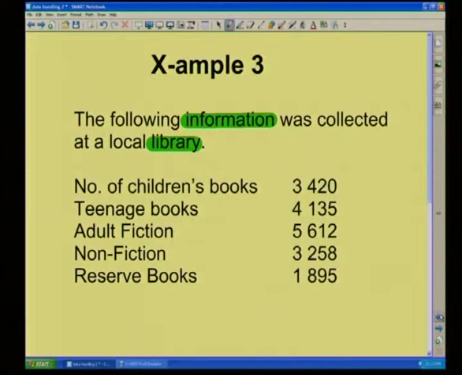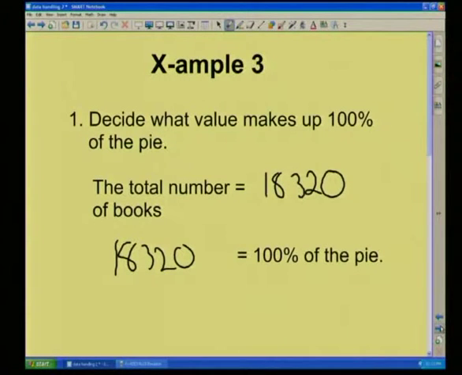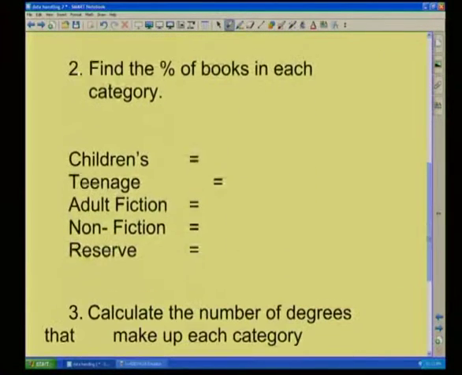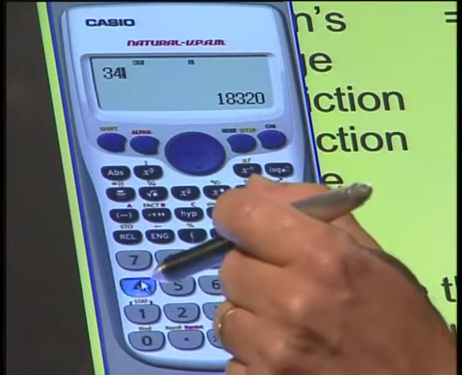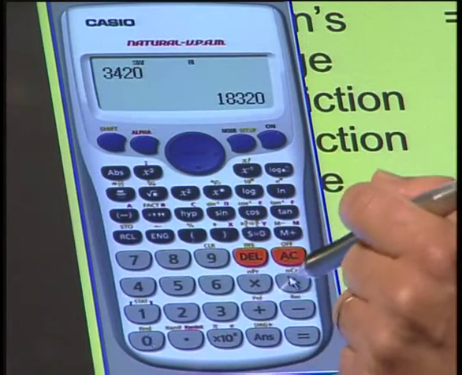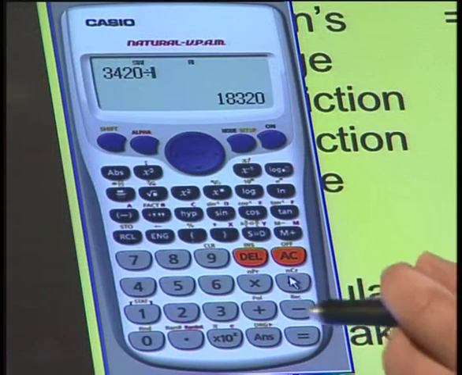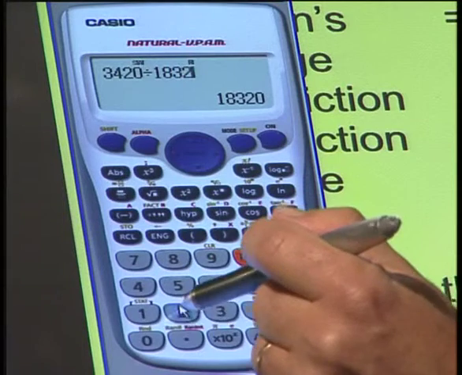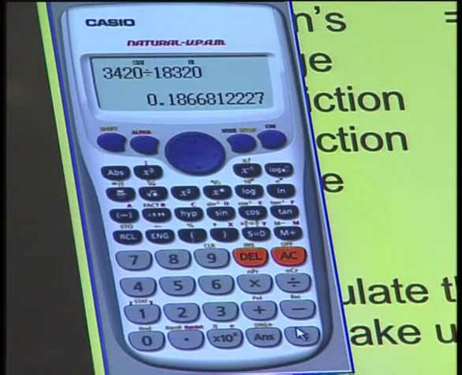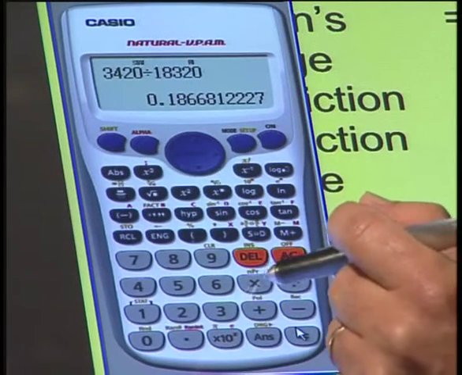3,420 was the number of children's books. So the percentage has to be 3,420 divided by the total, which was 18,320, and then multiplied by 100.